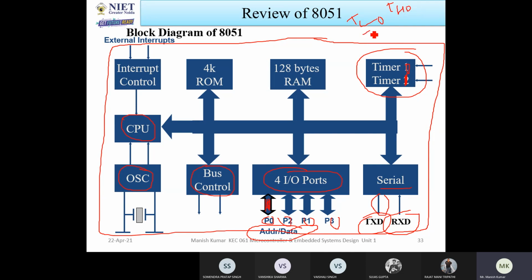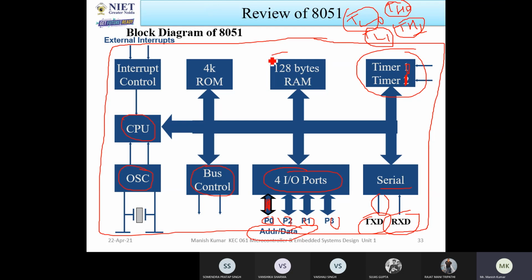Again in the same way TL1 and TH1 are used for timer 1, the lower byte and higher byte. In this way you can use these 4 different registers to access the timer. When I discuss experiment number 2, I will tell you in detail the use of TL0 and TH0.